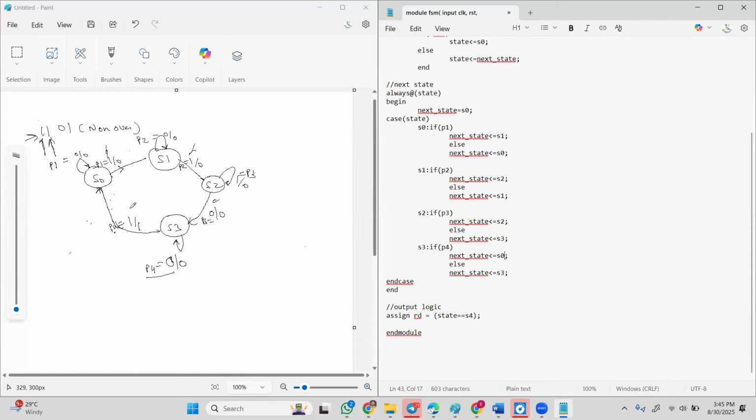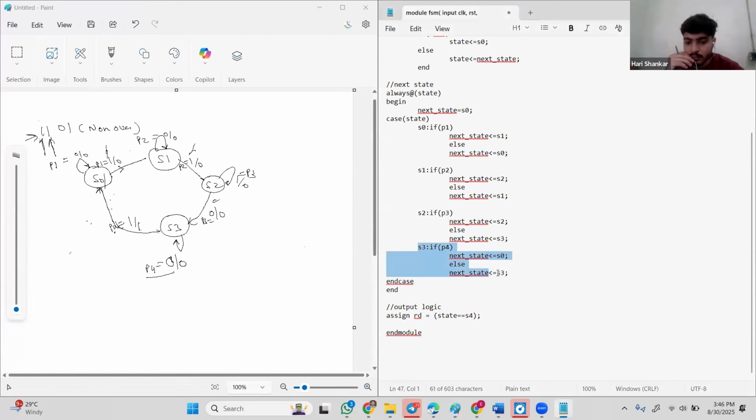Yes. It is 0 slash 0. Here I should write, huh? No, no. What I'm trying to say is that you have created the P4 condition at S3, for input and output 0.